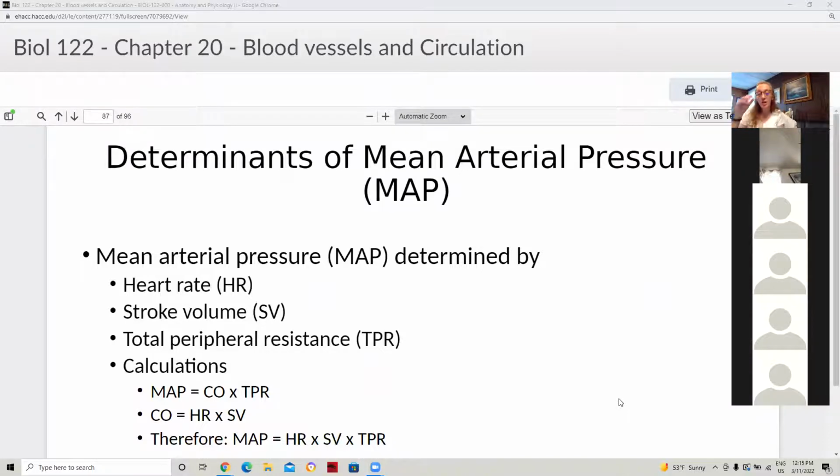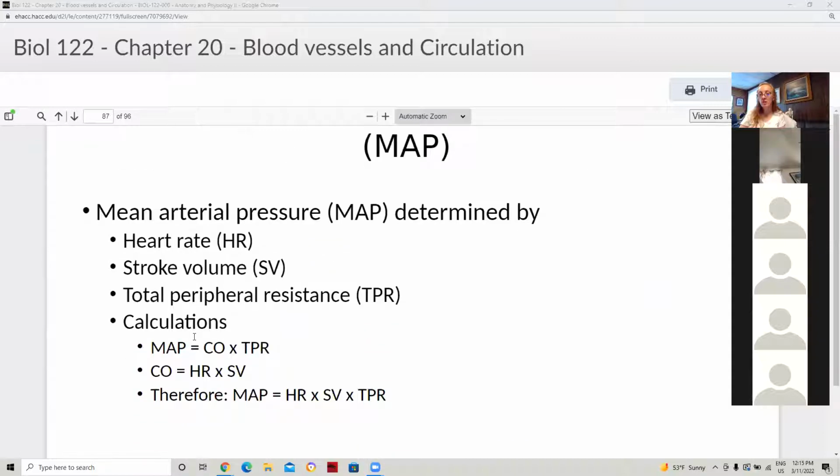Determinants of mean arterial pressure. Remember, mean arterial pressure is determined by heart rate and stroke volume, so cardiac output, times the total peripheral resistance. Can you repeat that, Miss Mary? Yeah.